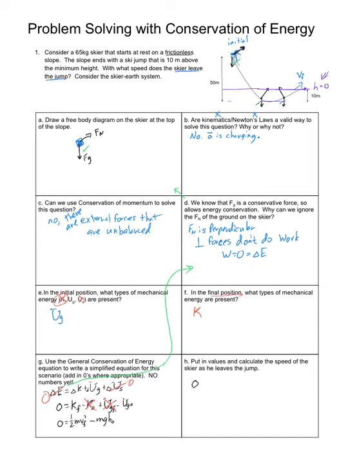So we get to go 0 equals 1/2 times the mass, which is 65, times the velocity, which is what we're looking for, and then minus the mass 65 times gravity, which is 10, acceleration of gravity. And remember, we talked about that it's the magnitude when we're talking about gravitational potential energy.